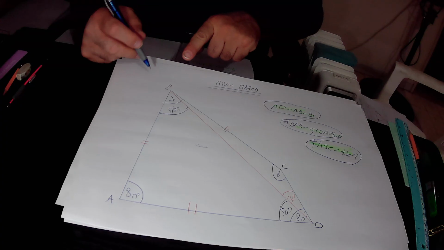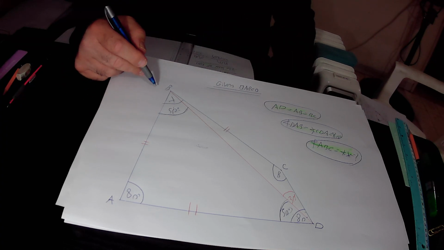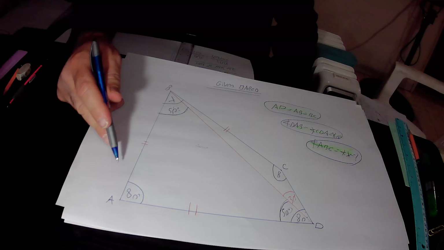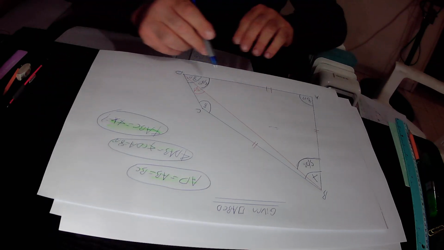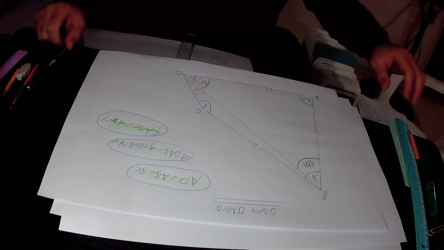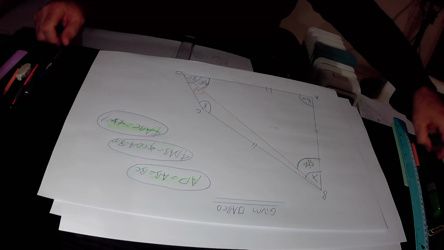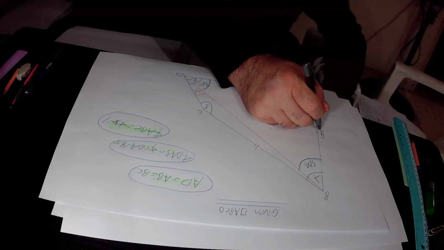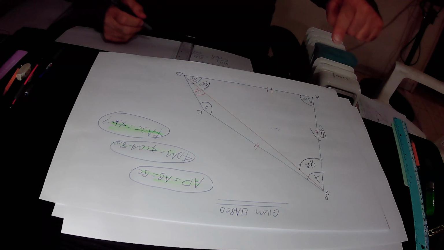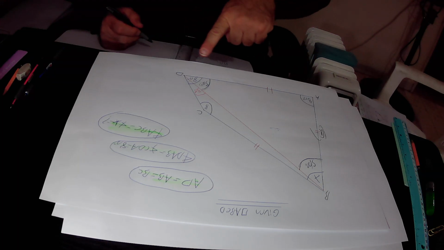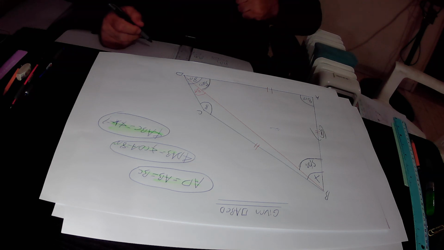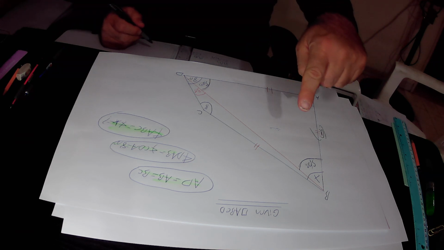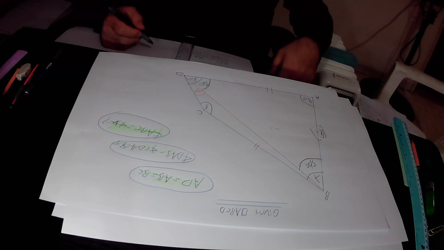Equals BA. So we define the length of side BA as A, and because, according to what is given in the question, BA equals AD equals BC, BC and AD must also be equal to A units in length, because those three sides are equal to each other.